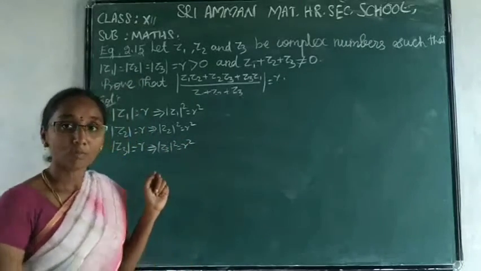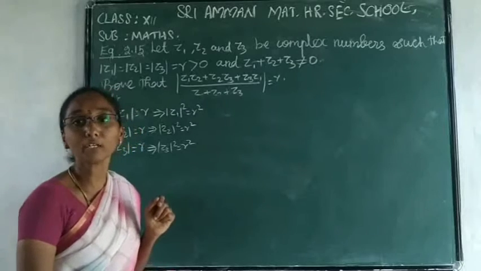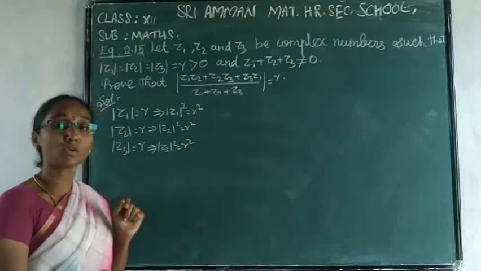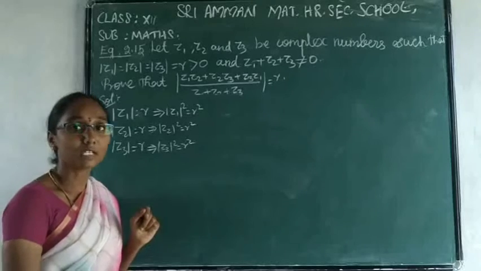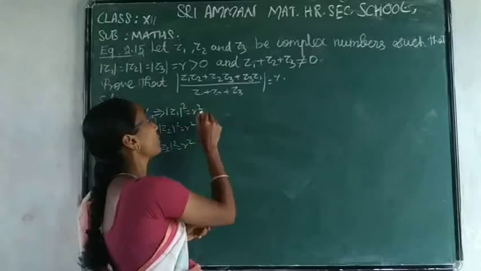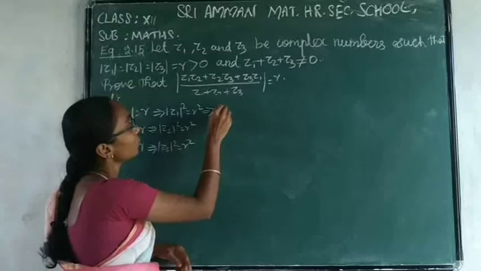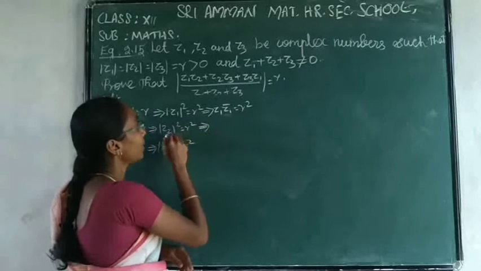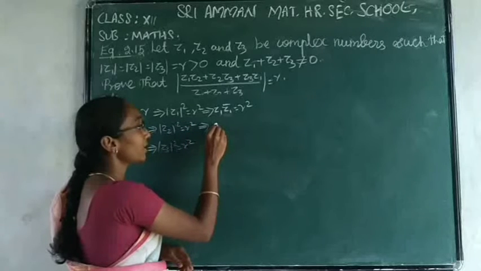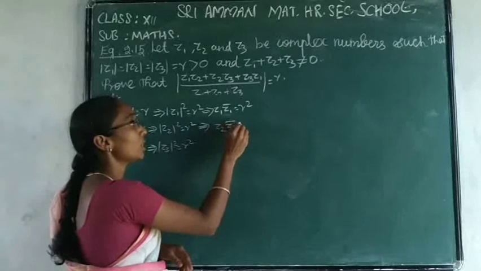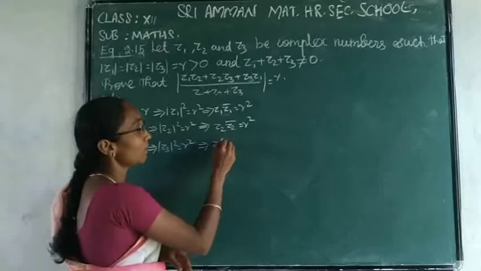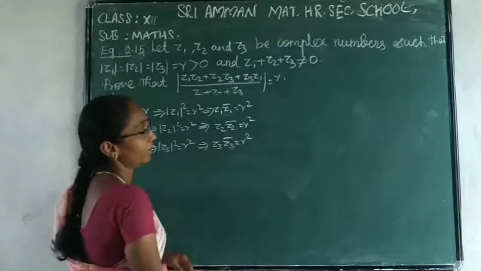You know modulus of z square equal to z into z bar. So z1 into z1 bar equal to r square, z2 into z2 bar equal to r square, and z3 into z3 bar equal to r square.